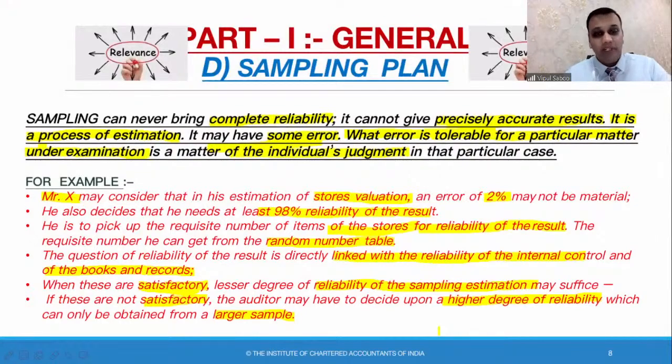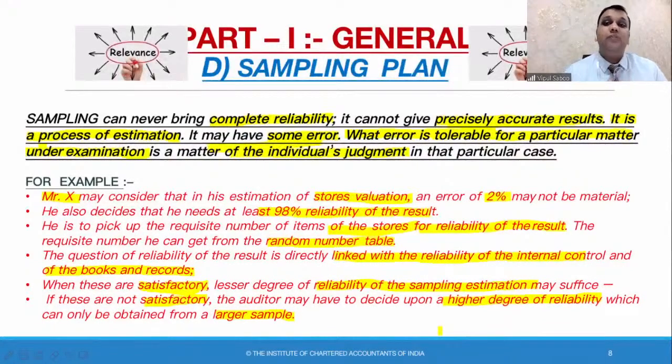Yes, Pooja, completely correct. So the auditor will test the internal controls, the further test of controls, then the test of details, transactions, and then he'll decide what kind of sampling he needs to use. The train of trust is running through every platform.